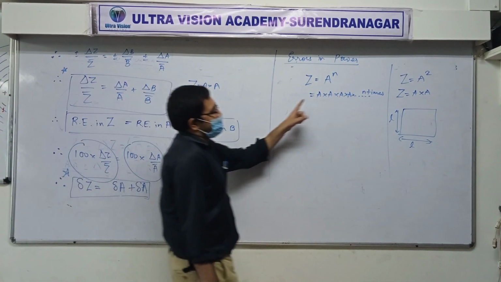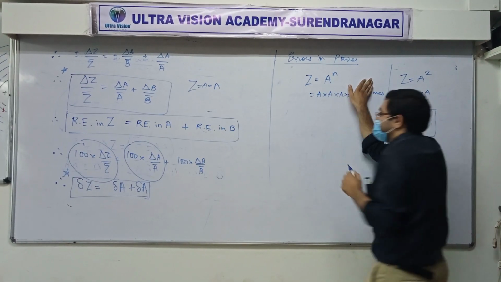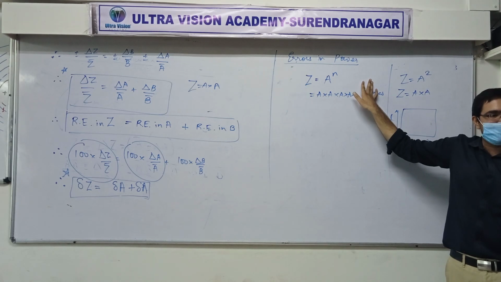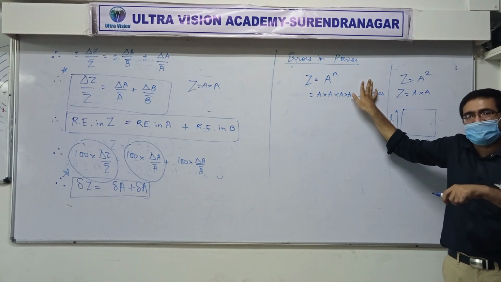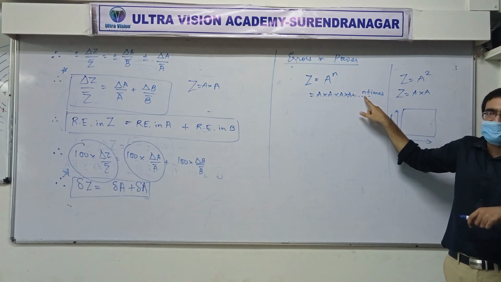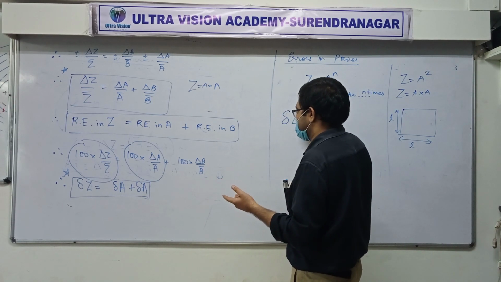So, just like that, if it is 3 times, for example, not 2, then what will it be? Del A plus del A for the second, then plus del A for the third. Okay, like that, how many times? 3 times. If it is n, then n times. Understood? Yes. So, directly jumping on to the result.